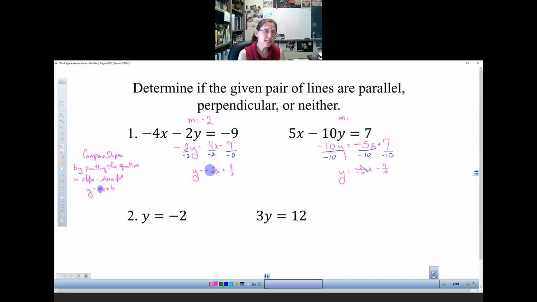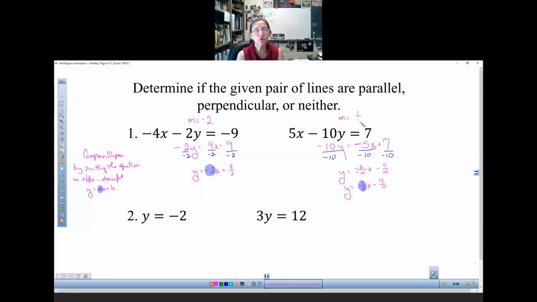Here, though, I can simplify this. Not only can I simplify the 5/10, but the two negatives become a positive. And so this is going to become positive 1/2 x minus 7/10. And that positive 1/2 is that number that I'm looking for because that's the coefficient of x, and therefore that is going to be my slope.